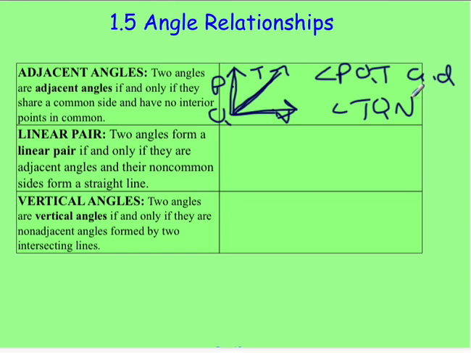Linear pair. Two angles form a linear pair if and only if they are adjacent angles and their non-common sides form a straight line. Let's just draw a picture because sometimes it's easier to visualize that.